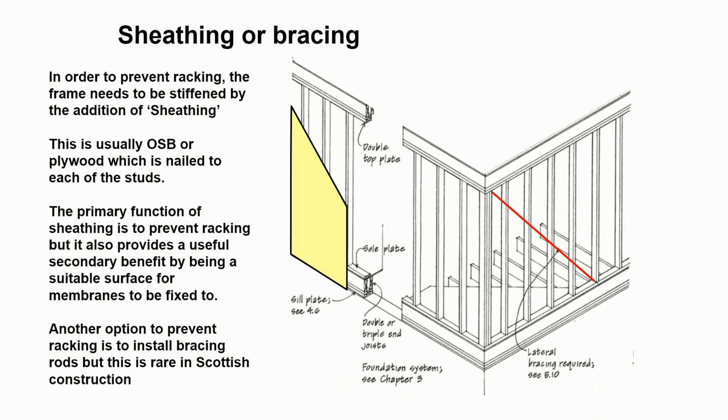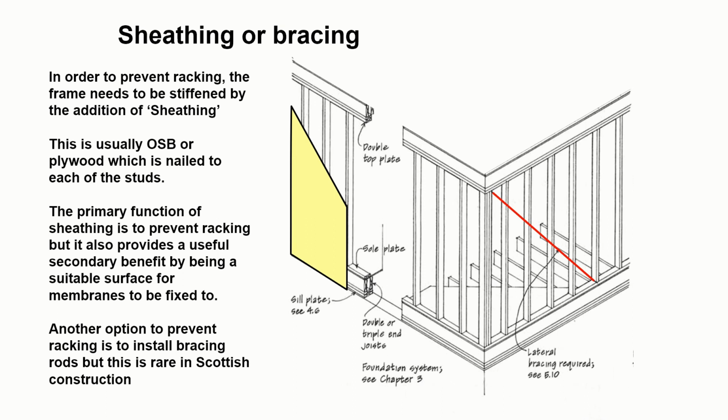Looks like big chipboard, or it could be plywood, and these would be nailed to the face of each stud. And as I mentioned previously, they tend to be sized at 1200 by 2400. It's actually 1220 by 2440, and that allows them to be placed up against regularly spaced studs and nailed through at each edge and down the middle.